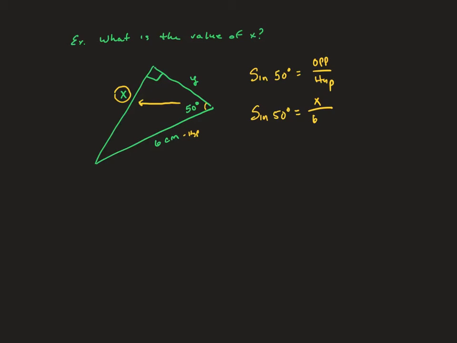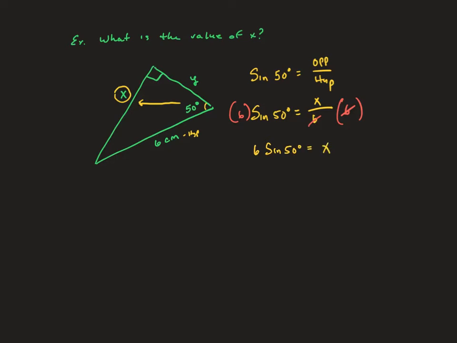Now, in order to isolate x, I need to do my inverse operation. I'm going to multiply both sides by 6 to get that 6 out of the denominator, and I'm going to have 6 times the sine of 50 degrees is equal to x.